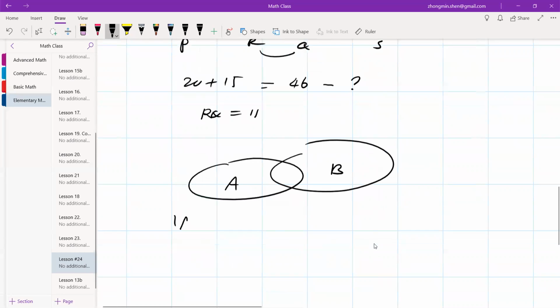My notation here means the number of elements in A. A represents a group of students, for example, taking a math class. B represents a group of students taking Spanish.